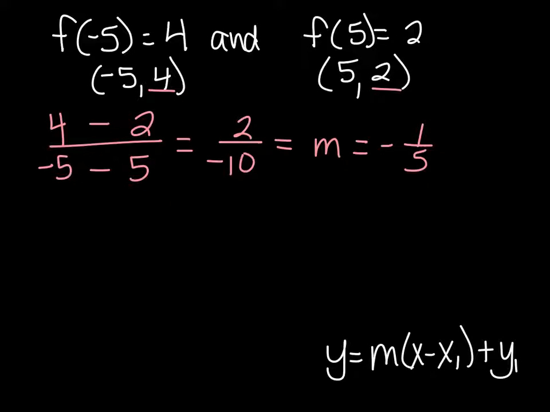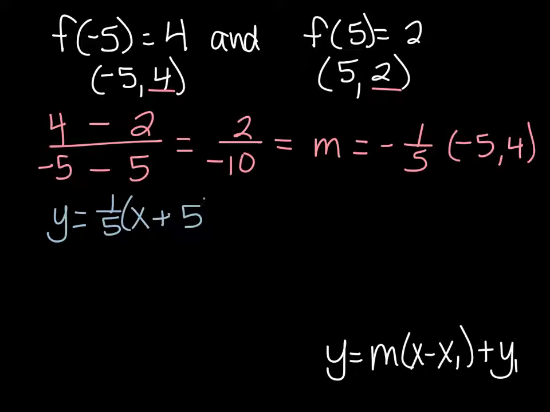And I'm going to choose a point. I'm going to choose the point (-5, 4), just so I can show you what that looks like in the equation. Let's plug into point-slope form. Y equals -1/5, x and the opposite of x, so plus 5, and then the y value.